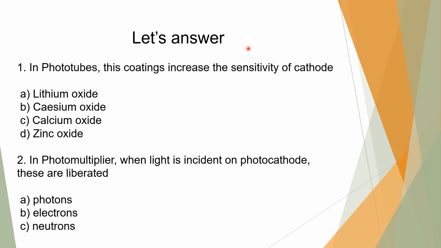Here, let's answer a few questions related to this topic. First one, in phototubes, which of these coatings increase the sensitivity of the cathode? A. Lithium oxide, B. Cesium oxide, C. Calcium oxide, D. Zinc oxide. You can pause the video and guess the correct answer.